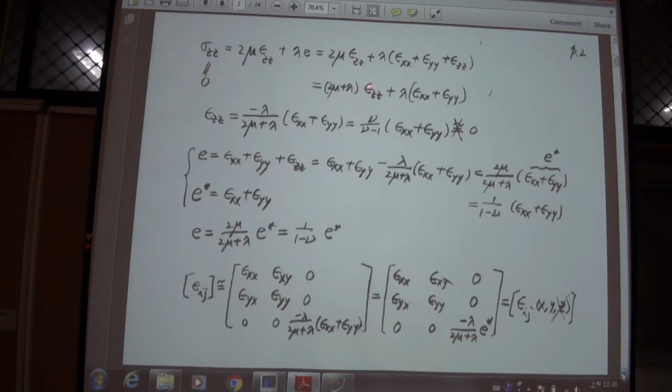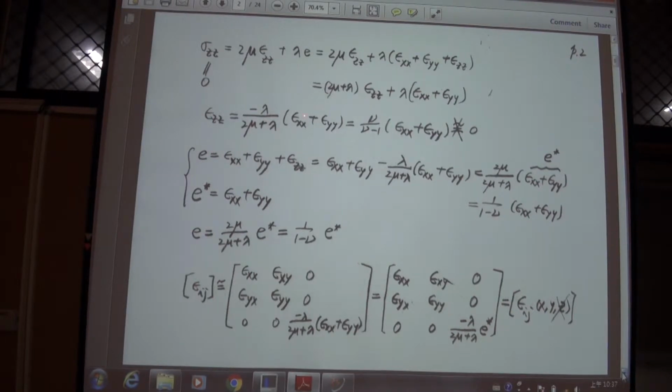It means that epsilon zz, epsilon xx and epsilon yy are not independent of each other. They are related by one mathematical formula. So we use this formula to solve for epsilon zz. Like here, we move it to the left of the equality and then divide by this material constant to get this relation.